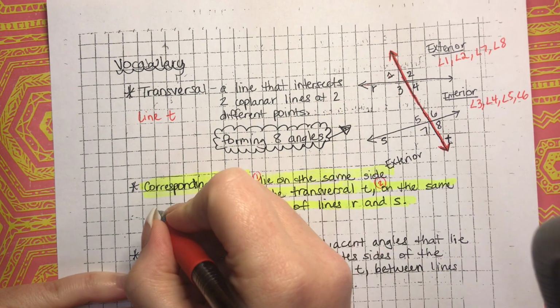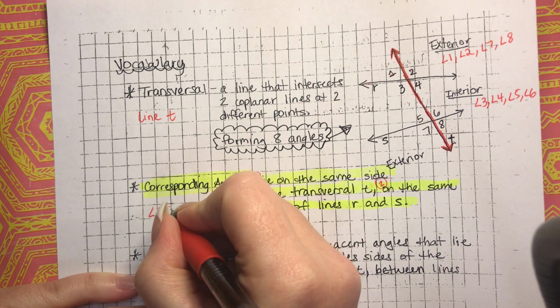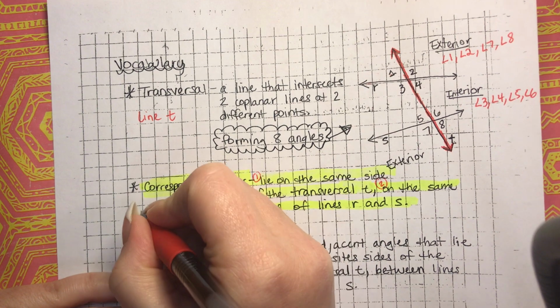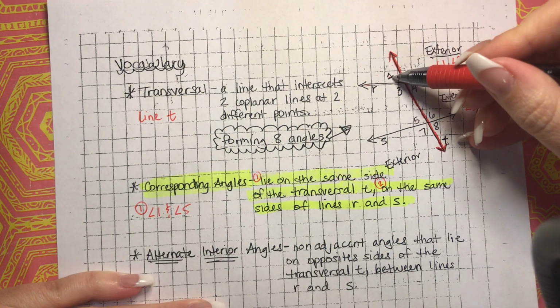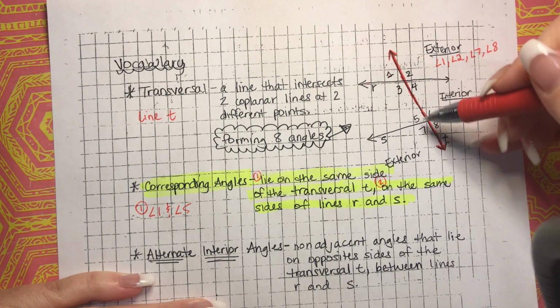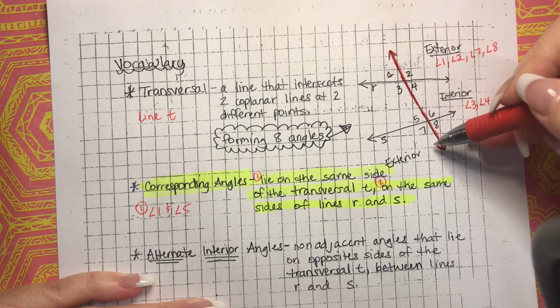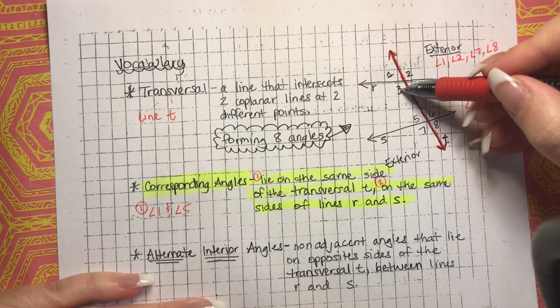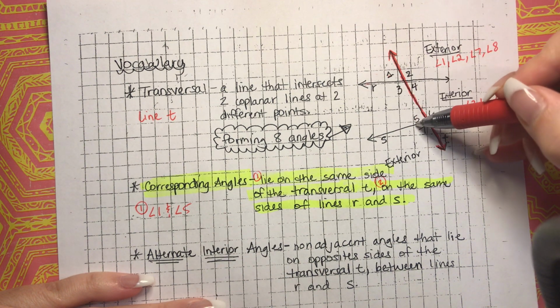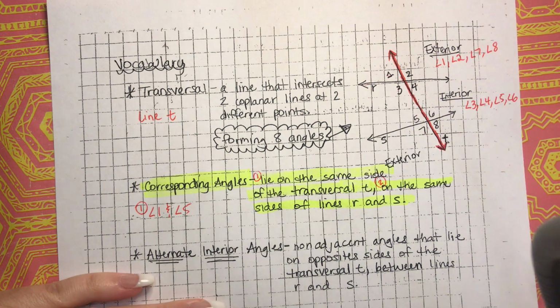So angle 1 and 5, those are corresponding angles, okay? So they're on the left side and they're on the top of R and S. Now, what would be the other ones? Well, that would be the ones that are on the left side but on the bottom of R and S. So that would be 3 is on the bottom of R and 7 is on the bottom of S.